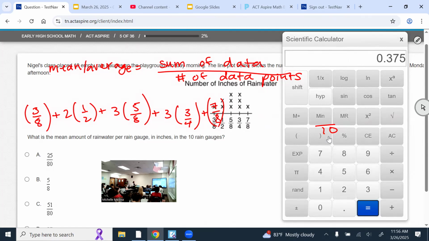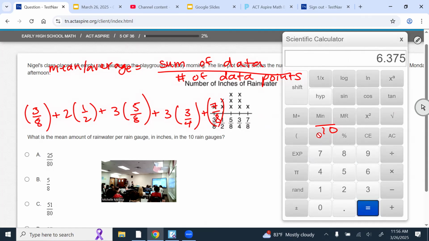Plus 2 times 5 divided by 3 times 6 plus 3 5 in parentheses 3/4 plus in parentheses 7/8. Close the parentheses, hit equals.